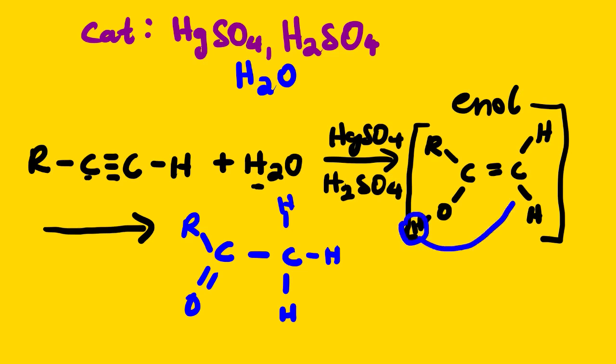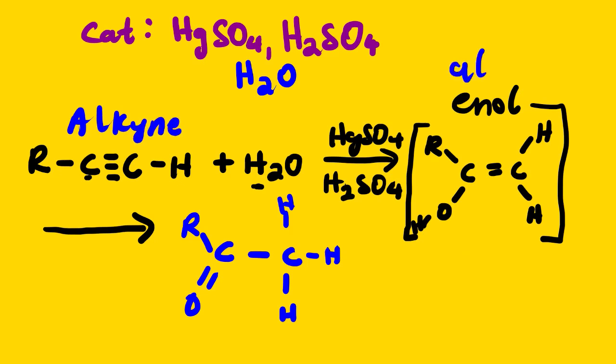This hydrogen will come here, then this bond will come here to make it more stable, and then we yield a ketone. So you can see that we have an alkyne which tautomerizes to form a ketone.